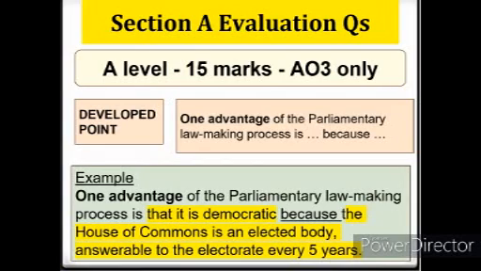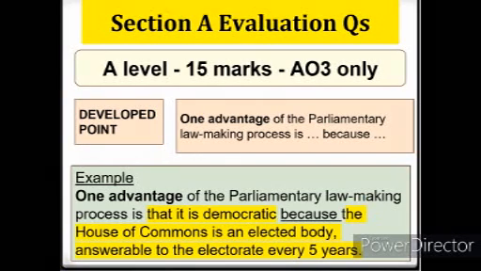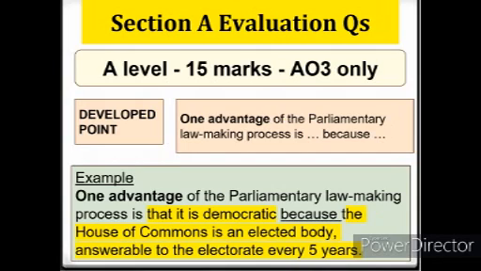One advantage of the parliamentary lawmaking process is that it's democratic, because, there's your evaluative word, the House of Commons is an elected body answerable to the electorate every 5 years. And you might be thinking that that's AO1, that's knowledge.